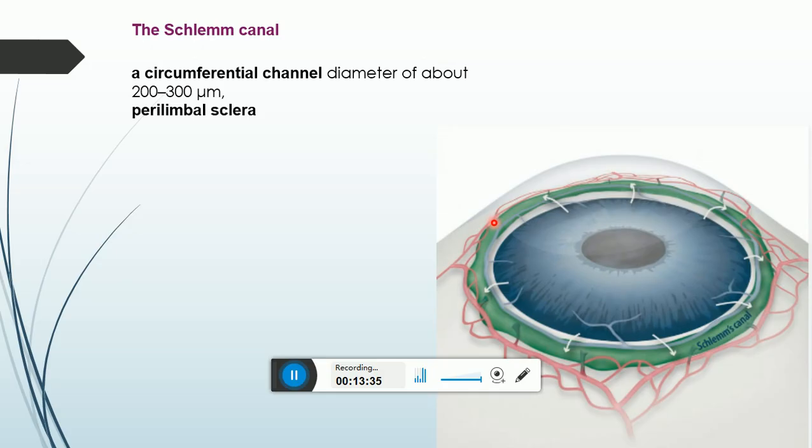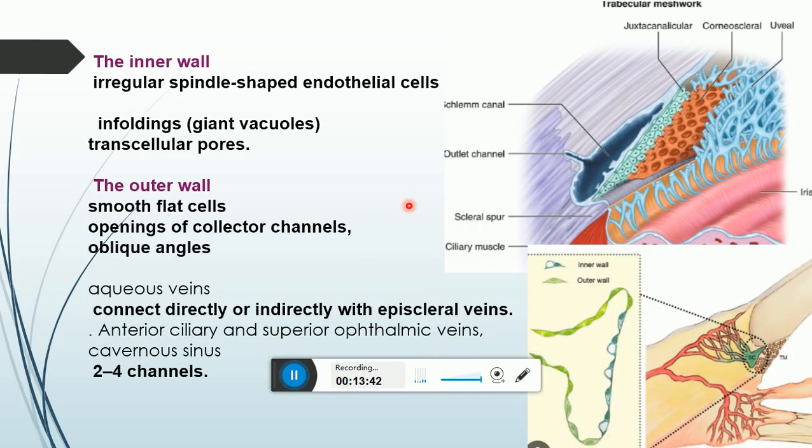The inner wall is lined by irregular spindle shaped endothelial cells, you can see here, this is the inner wall, containing infoldings called giant vacuoles that are thought to convey aqueous via the formation of transcellular pores. The outer wall is lined by smooth and flat cells.